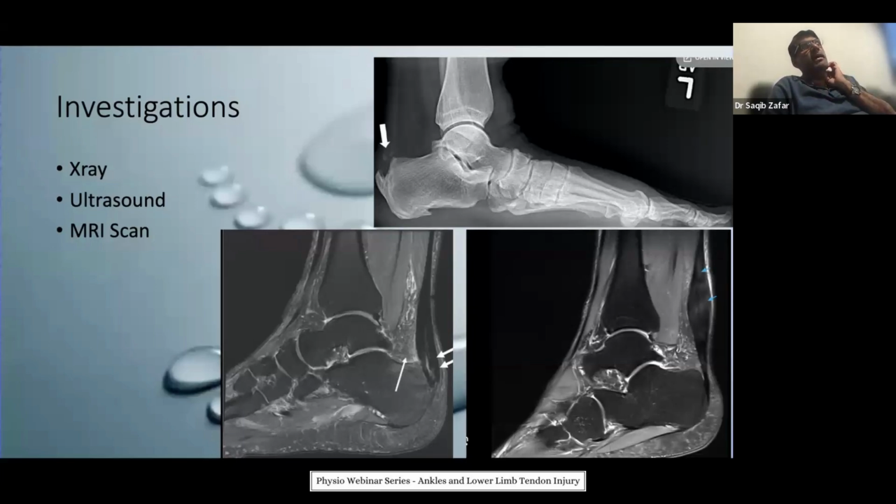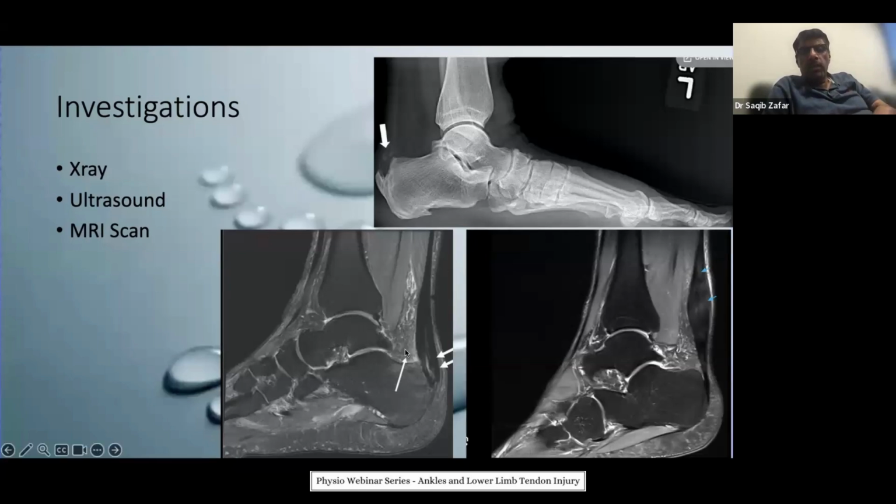MRI is a tertiary level investigation, and it helps in certain ways, particularly when there's a failed response to the initial treatment, when the diagnosis is uncertain and we are suspecting any differentials, or when we are planning surgery. And also, the MRI will help us to look at the structures adjacent to the Achilles tendon and its insertion.